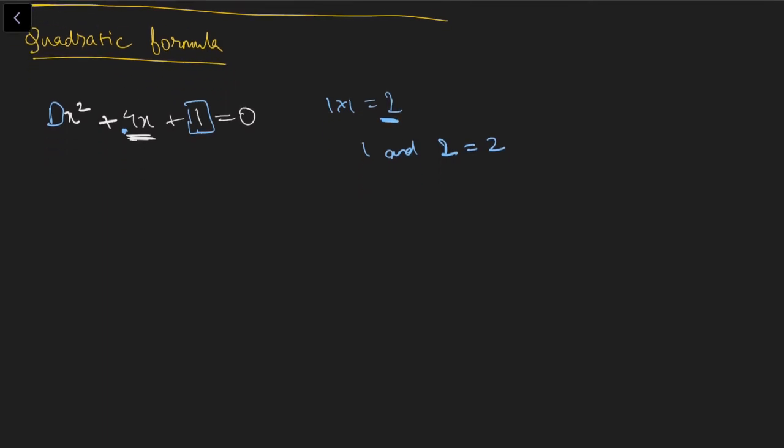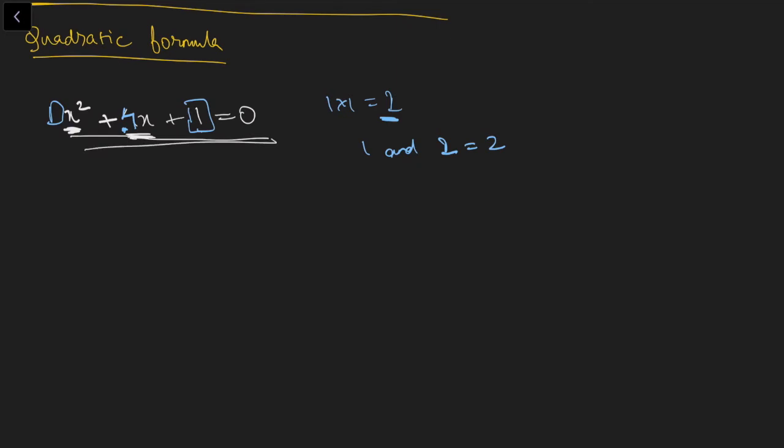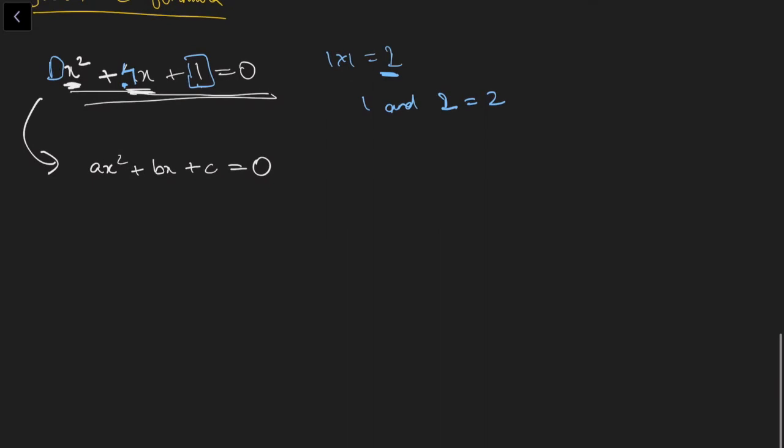But then here the middle term is 4x, and therefore we need another way to find out the roots for this expression. And that is why we have the quadratic formula. Now let's put this in its standard form, and that would be ax squared plus bx plus c is equal to 0.